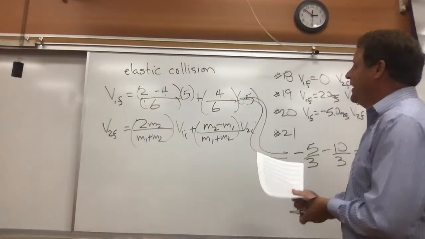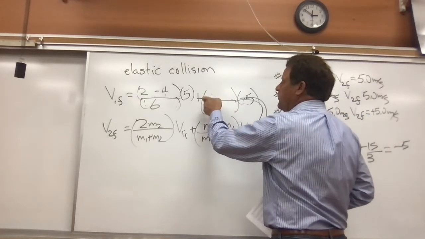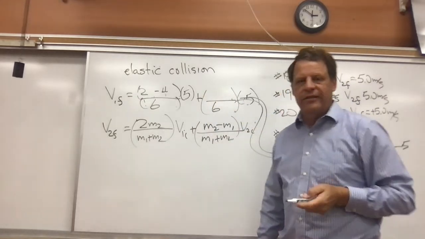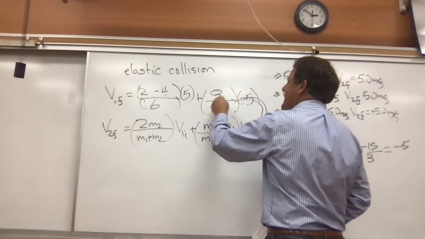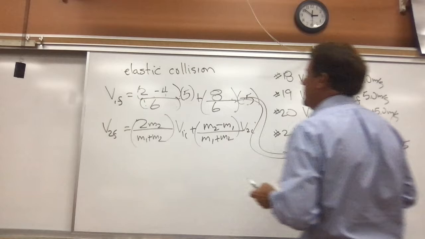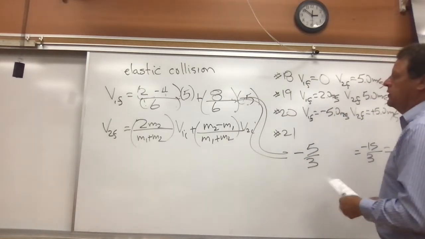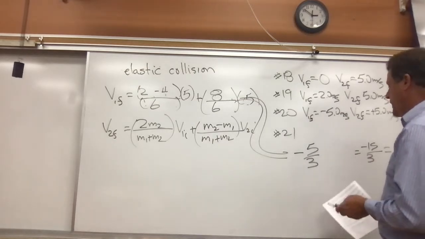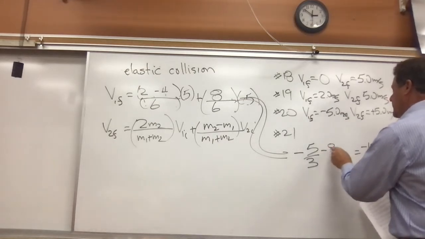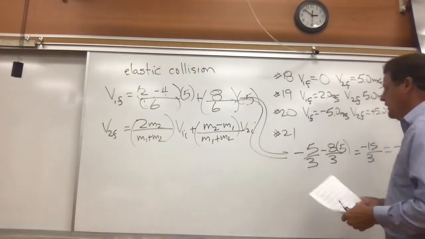All right, you guys, I made a simple mistake here. This one up here was 2m2, and the mass of the second object was 4. So this is actually 8. And so now this is going to be 8/3 times 5. So minus 8/3 times 5.